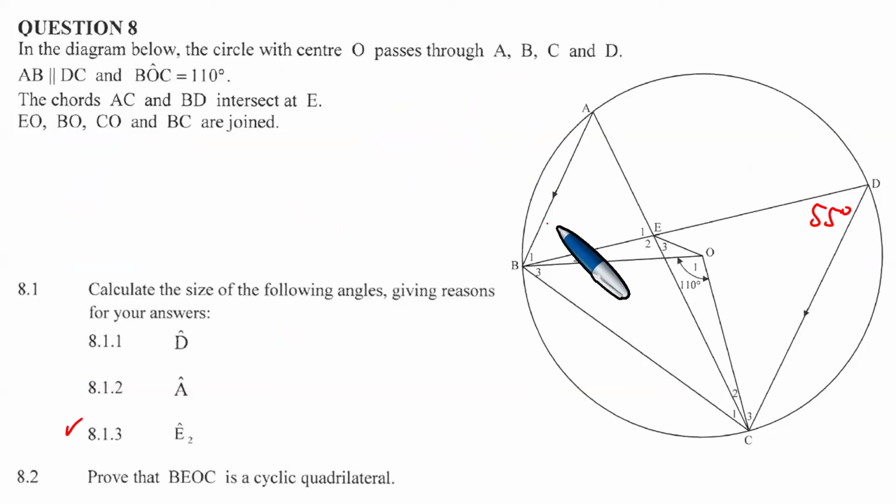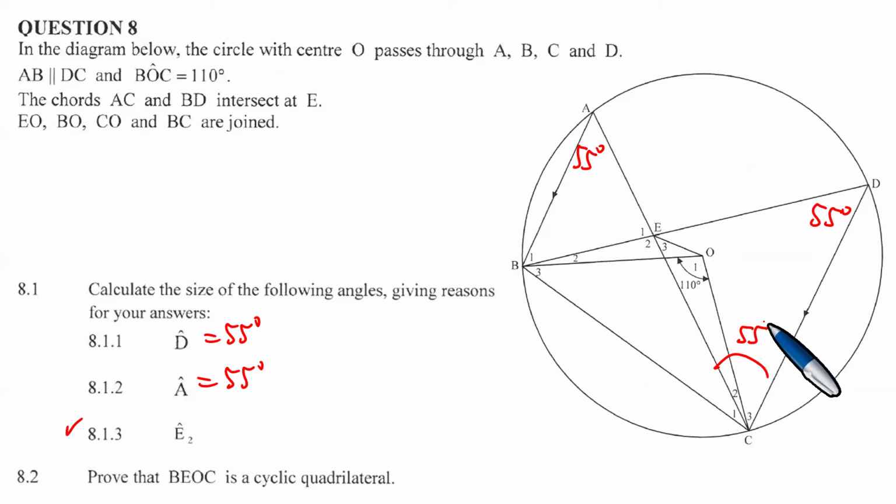55 degrees. This one here we've already seen that D is 55 degrees, but also A is 55 degrees. We need O2, but these are alternate angles if this is parallel to that, so the whole of this angle is also 55 degrees.